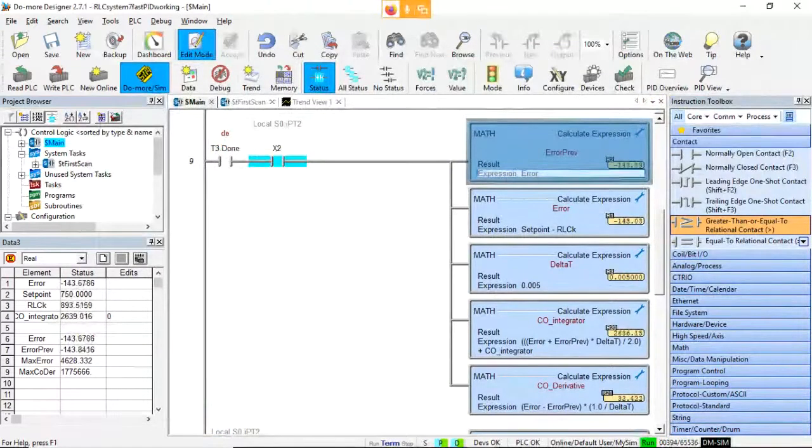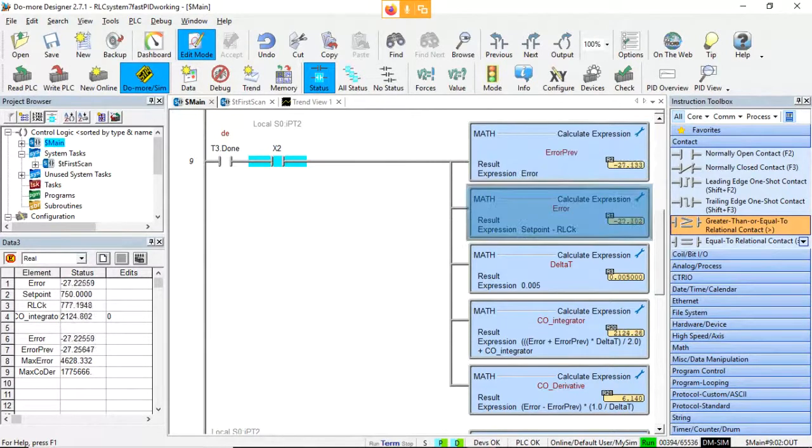Okay, so here on this top block, I'm moving the error into error previous. And then I'm going to calculate the new error, which is set point minus my process variable, my feedback value. And that's my new error. And then in this case, I was just hard coding the delta t value.